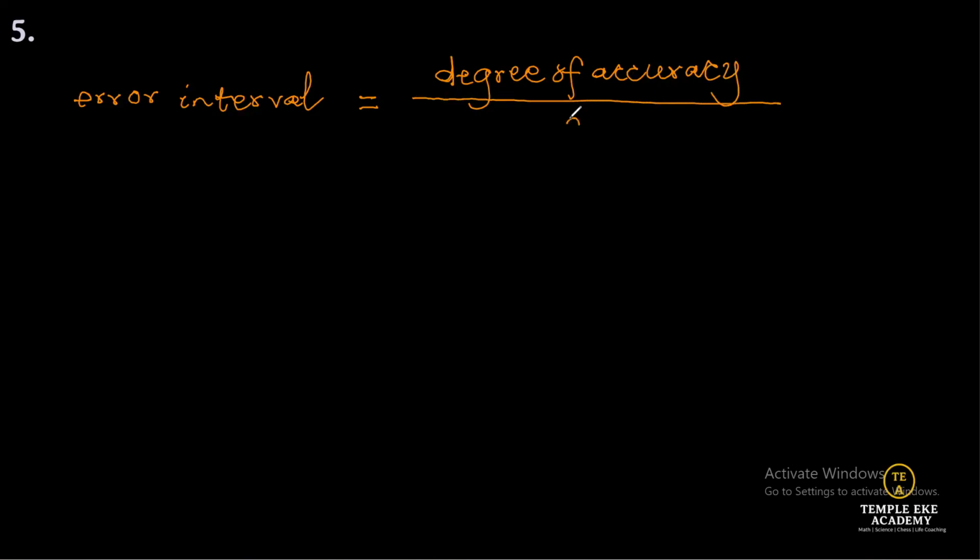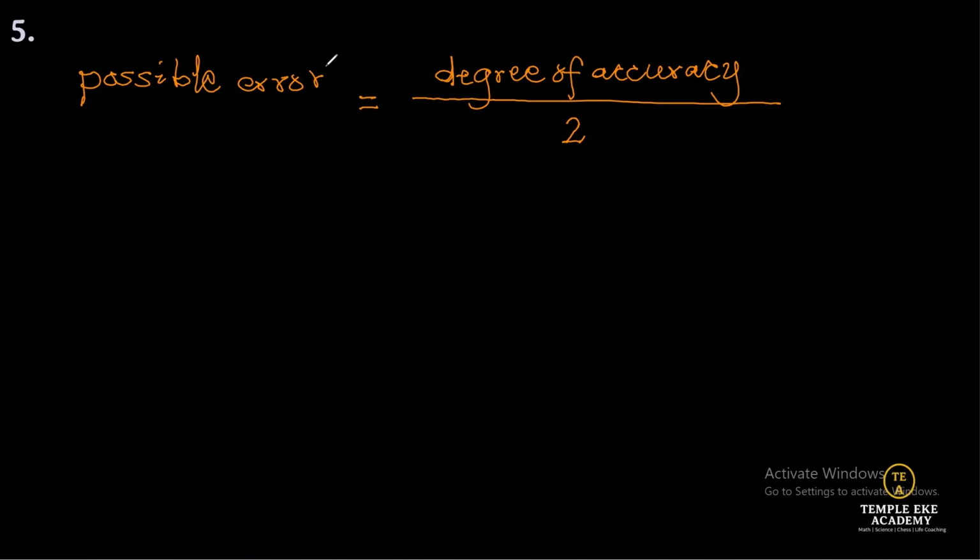This gives us the error interval. Let me describe this as the possible error. This is best described as the possible error. So I'm going to call this our possible error. We have to find the possible error first. Once the possible error is known, then we can find the upper bound and the lower bound as follows.